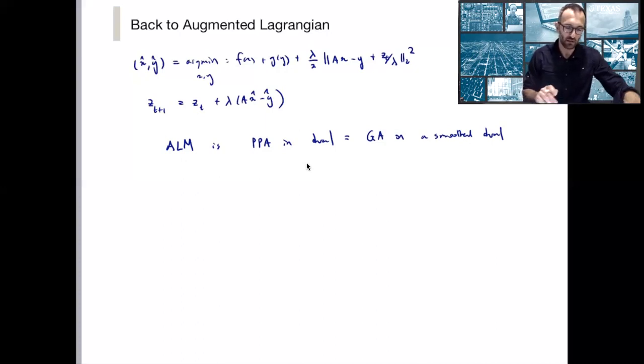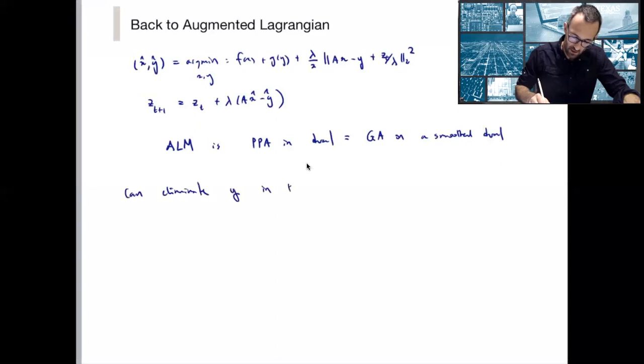One other last thing. Note that we can also eliminate y in the primal and consider this as just smoothing one of the functions, just smoothing g in particular. This corresponds to a smoothed g.